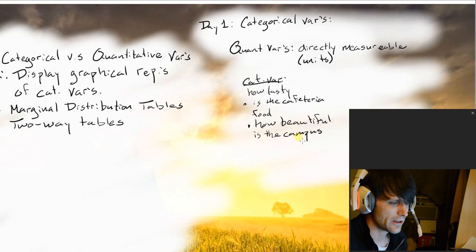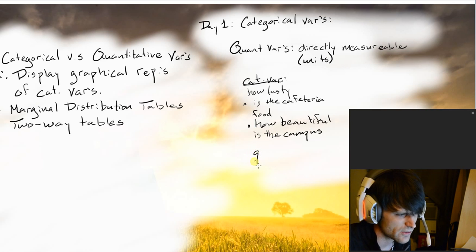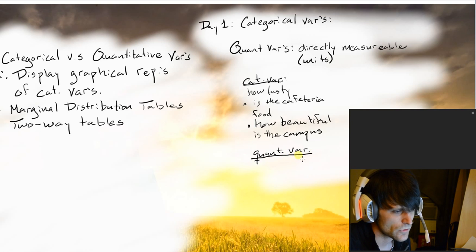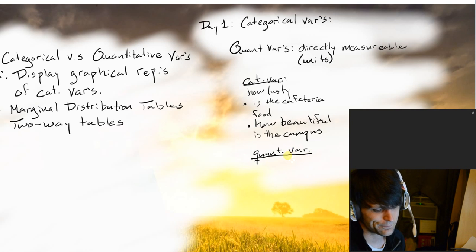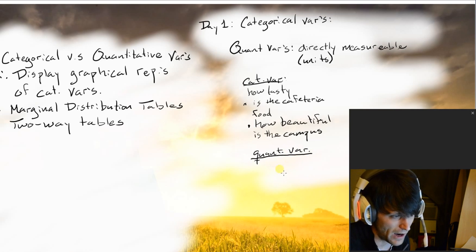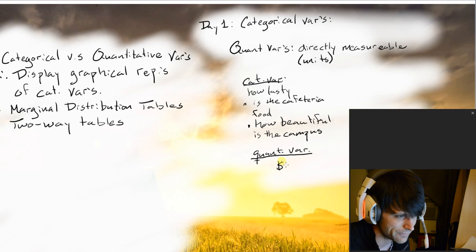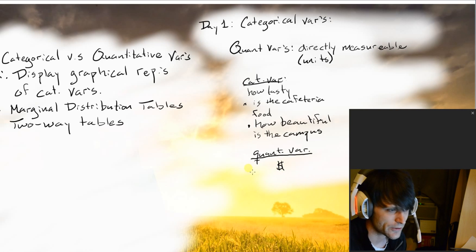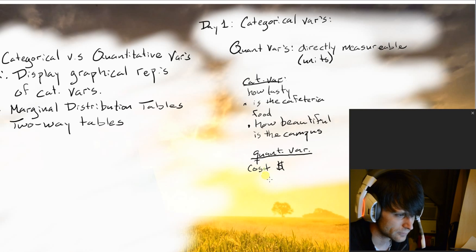So now let's go ahead and talk about quantitative variables for that same sort of hypothetical. Well, if it's an undergraduate institution, we might be able to compare it based on how much it cost in dollars. Okay.